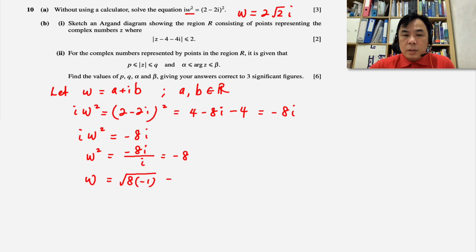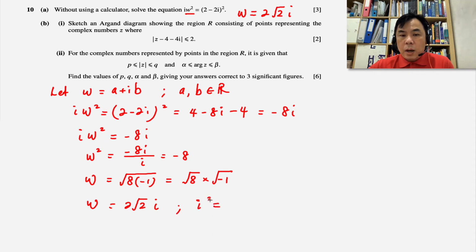All right, now that is the same as square root of 8 times square root of negative 1 here, and then that will give us 2 root 2 i, where i squared is equal to negative 1. And then that matches our solutions that we have obtained previously from the first method.